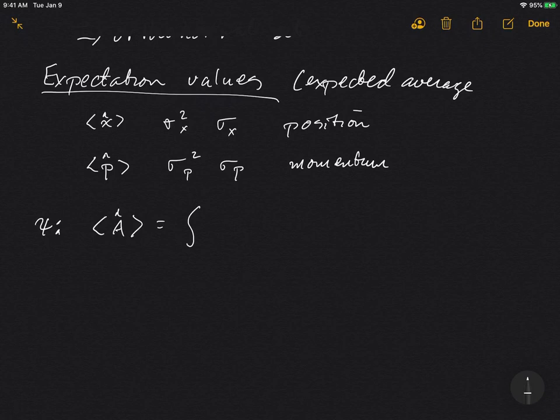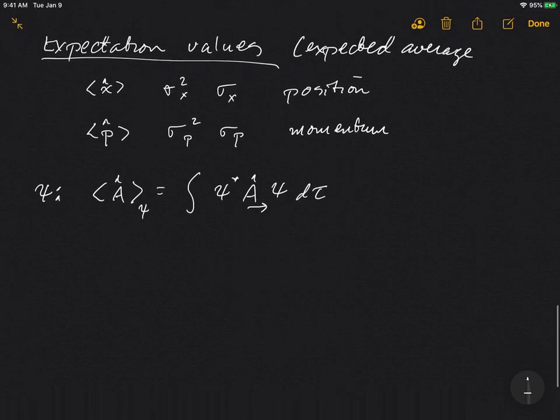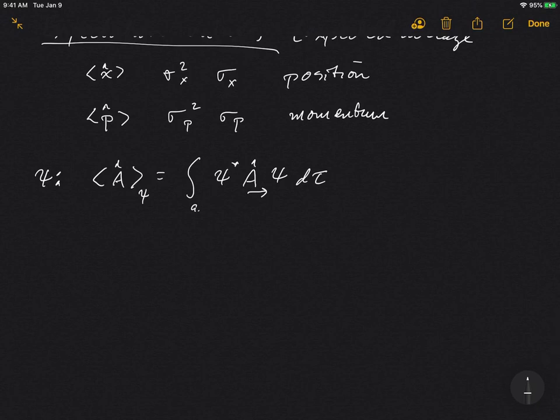We look at some generic state psi, and we place the operator between the wave function and its complex conjugate, and then you act the operator on the wave function to the right. That's only relevant if it's a differential operator. If it's just a position operator, then acting on the right is not an important concern. Then we integrate over all space, and that gives us our expected average value denoted by angle brackets.